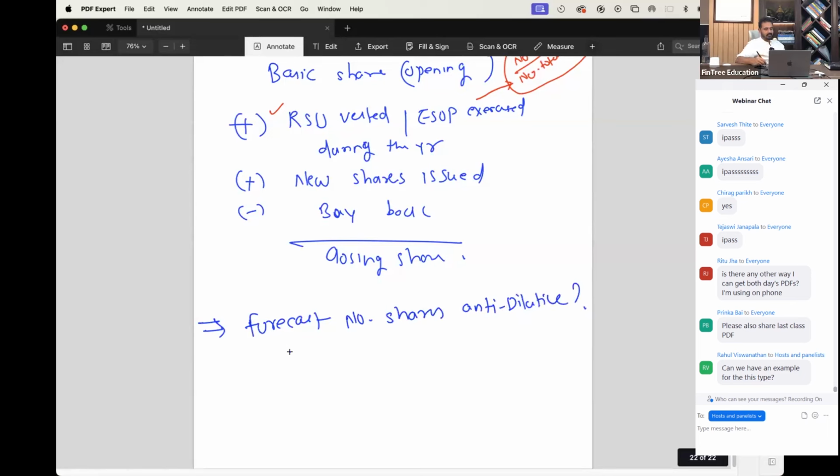How will I forecast that? Again, you look for a ratio of the number of shares or ESOPs which were anti-dilutive to the total number of ESOPs in the past. So on average, 10% of ESOPs go anti-dilutive. Then you have some sort of a reference for that. That's another forecasting technique.